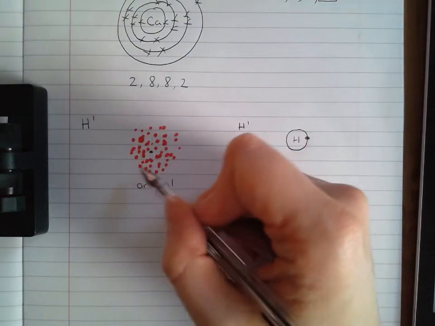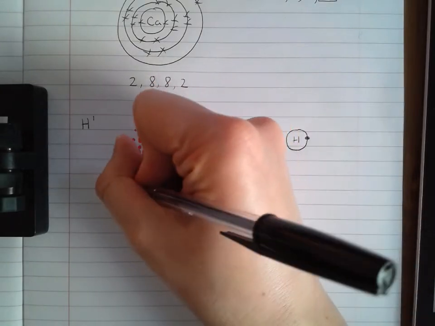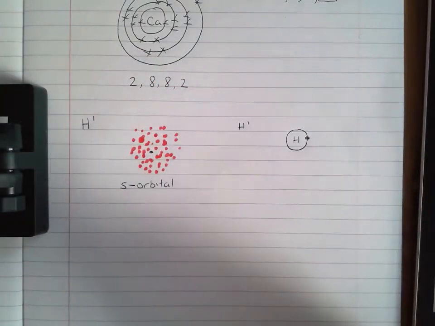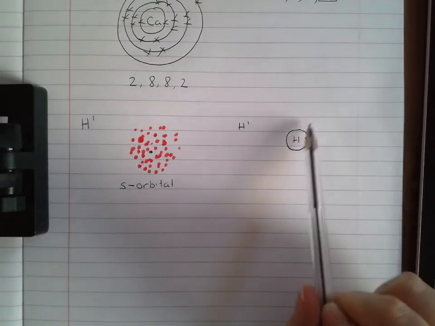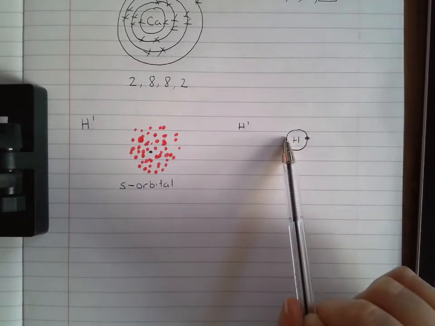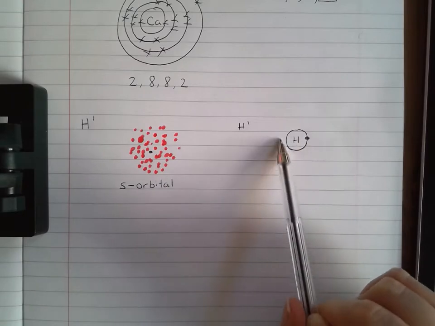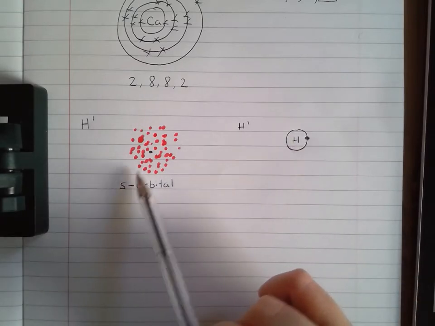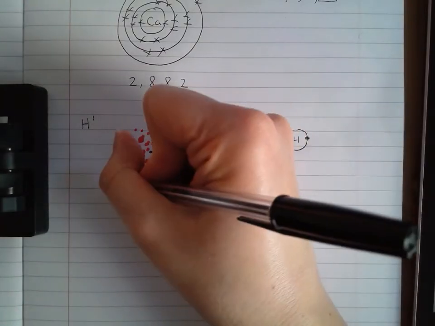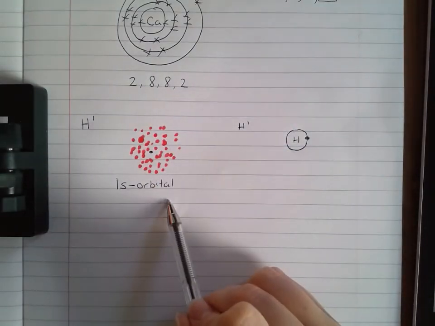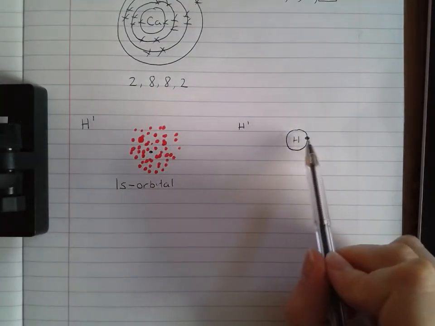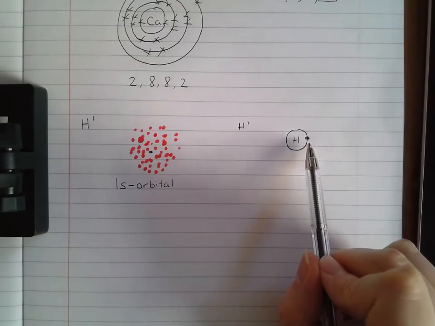Because this orbital is spherical in shape, I'm going to say that it's an s orbital. If I look back at my GCSE model, this is the first shell. So in my orbital model, I'm going to say that this is the 1s orbital. The 1 is equivalent to the first shell, which we had at GCSE.